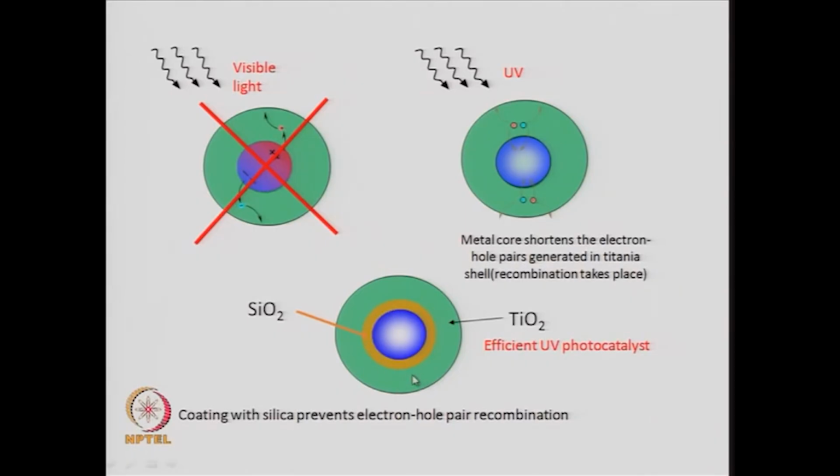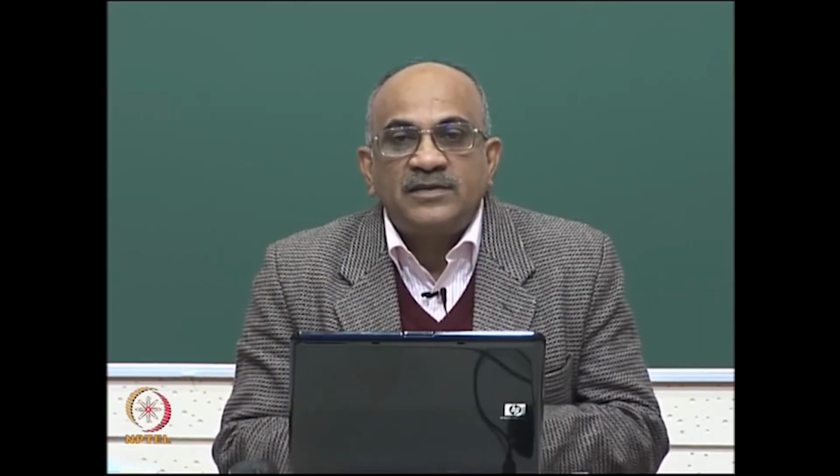So, this is another design of core shell structures, where you have made titania to be active in the UV efficiently. Of course, still it is not active in the visible with this configuration, but it is active in the UV and the efficiency is high by putting a silica layer in between the metal core and the outside titania, which will actually create electron hole pairs when UV light shines on it.